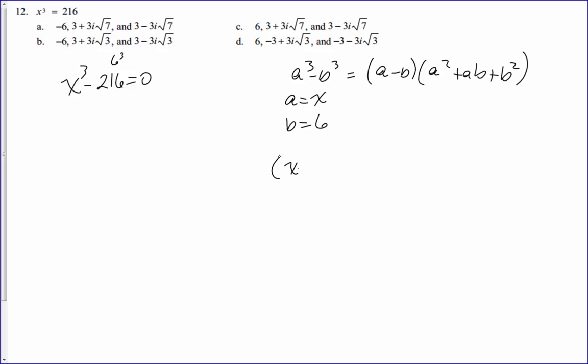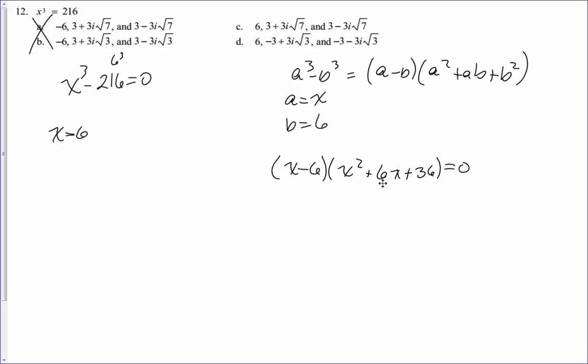So we know x minus 6, and then we know x squared plus 6x plus 36. All I did was fill in a and b with a as x and b as 6. Now you just set this equal to 0 and solve for x. So when you take x minus 6 and set it equal to 0, you're going to get x equals 6. Well, these say negative 6, these two say positive 6, so these two are ruled out immediately.